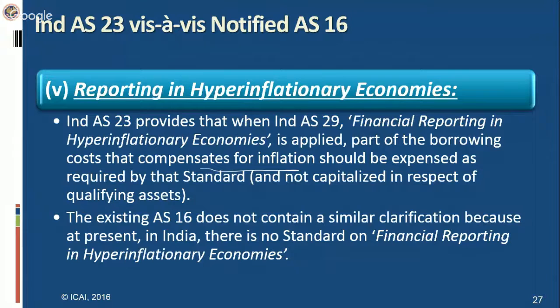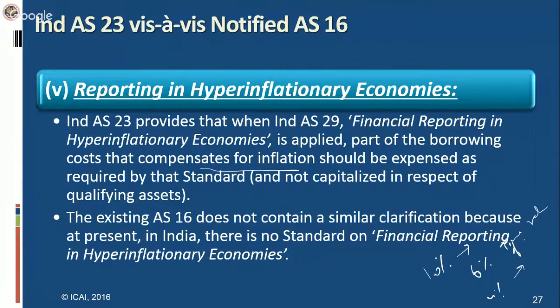Suppose a person is paying interest of rupees 10,000 on debentures in a particular year, having taken a loan at a 10% rate of interest. 6% may be the time value of money, the actual rate of interest, and 4% may be compensation for inflation which may occur in the coming years.